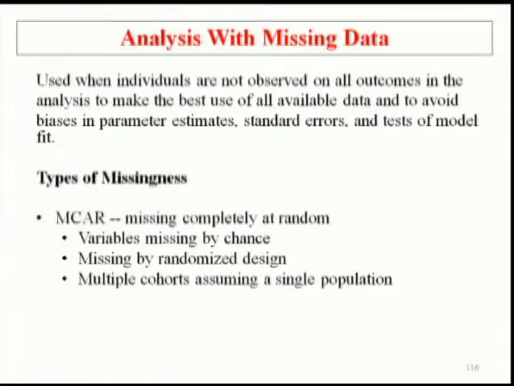So for instance, in a longitudinal study, you have people in grade 1 and then people observed again in grade 3, and many have left the study in grade 3, and their missingness may be related to the outcomes that were observed at grade 1.